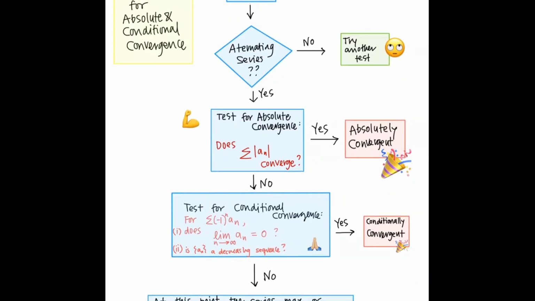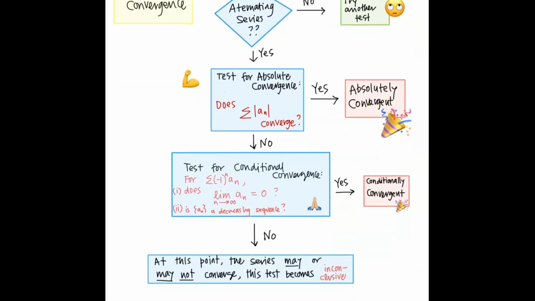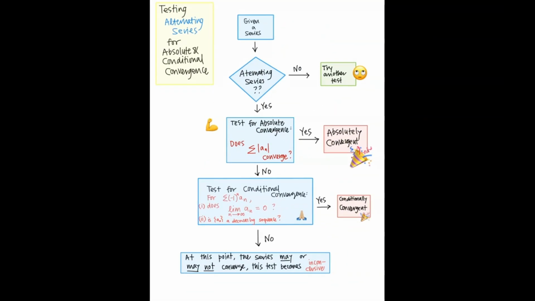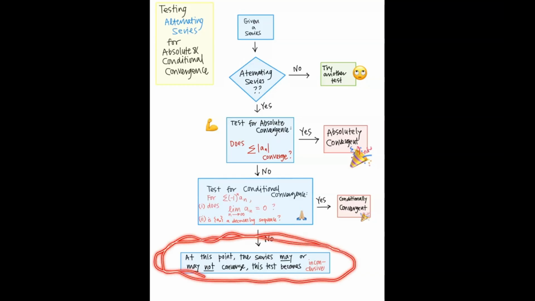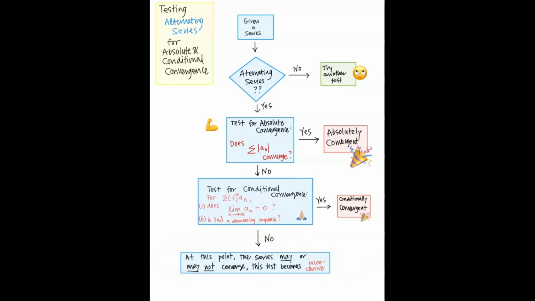If this test is a no, then at this point the series may or may not converge. It probably won't converge, but the test becomes inconclusive and we have to use something else, like maybe a divergence test, to determine what's happening. So most of the time, either this will happen or this will happen.